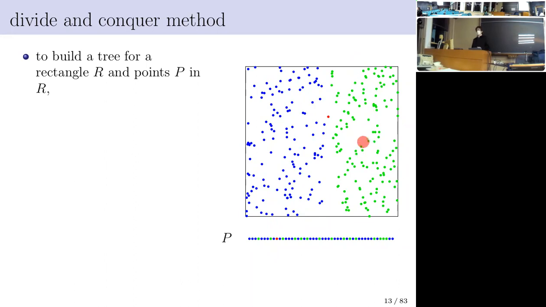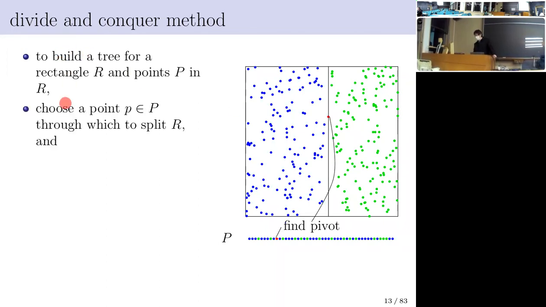And then the entire result is simply a node having these two subtrees as its children, right? So if you think in terms of divide and conquer, it's actually very simple or almost trivial.